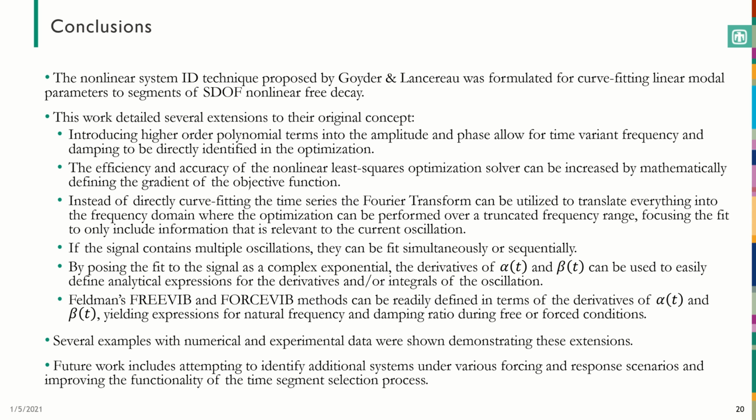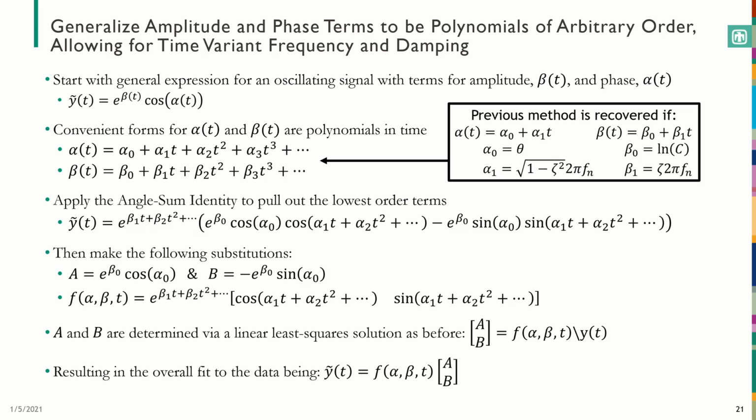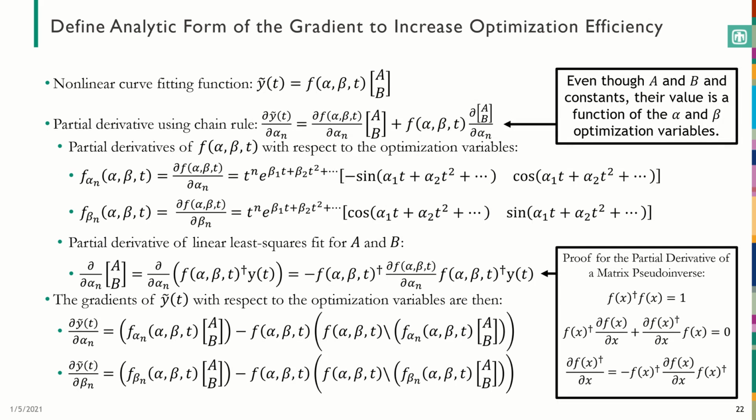And now, as I said before, here's a sort of appendix with slides giving more details on the math and theory that I had to gloss over earlier. So this is going over expanding the amplitude and phase to be arbitrary polynomials. This is deriving the gradient of the optimization function.